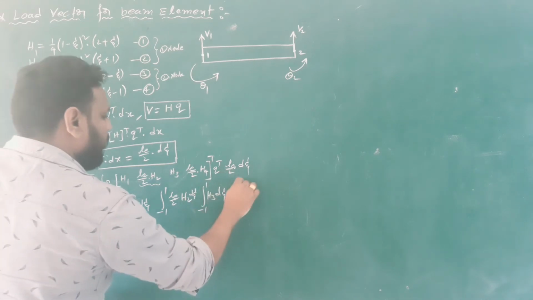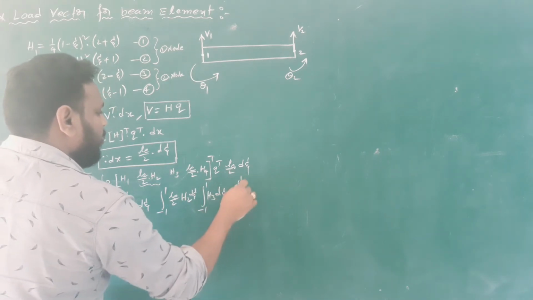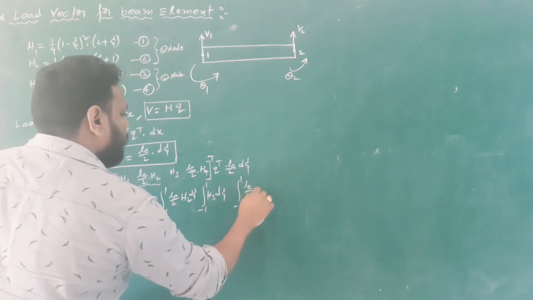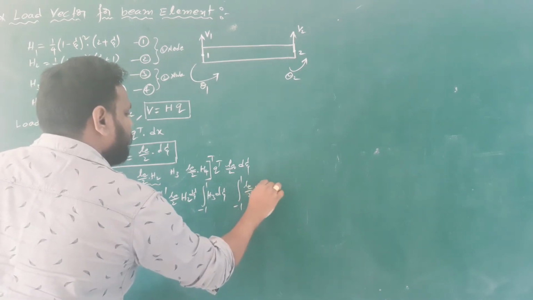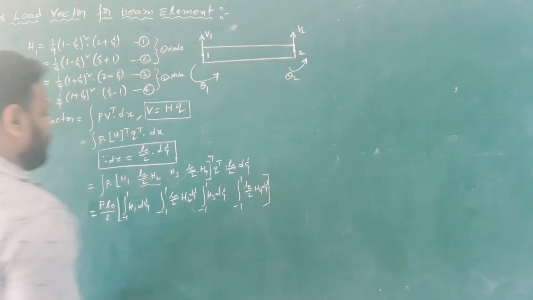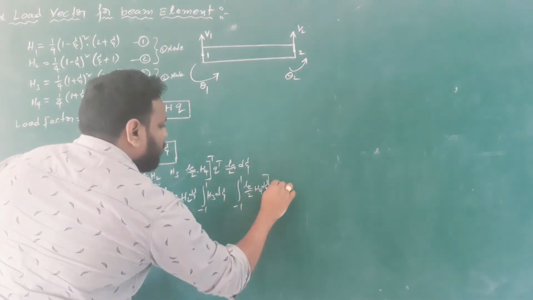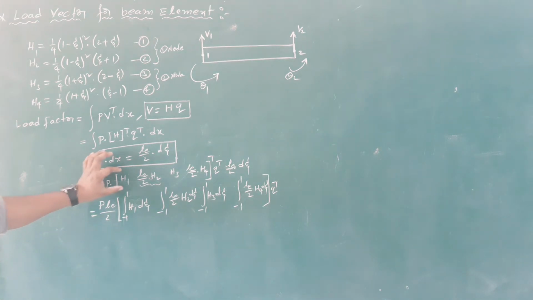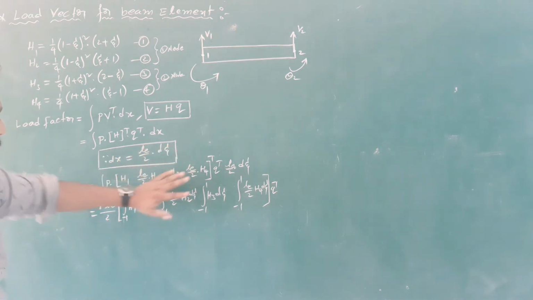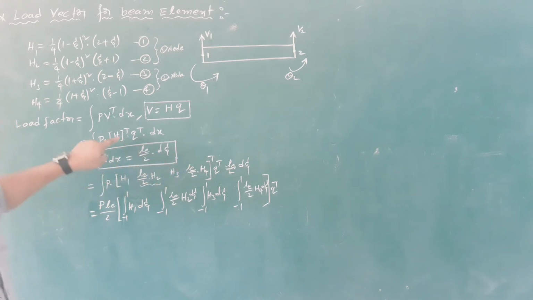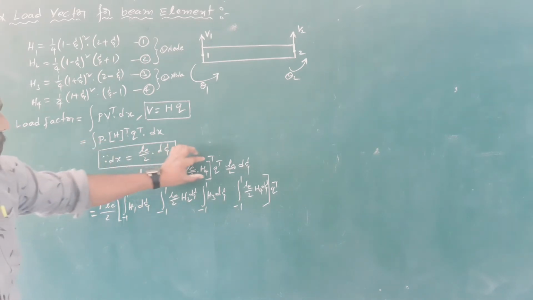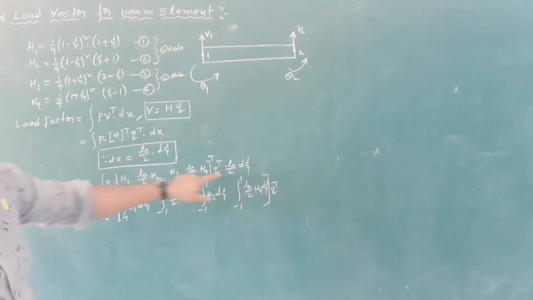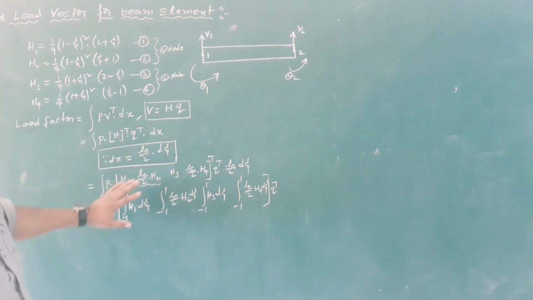Next, the fourth element, -1 to 1 LE by 2 into H4 dz. So finally we got this equation to Q transpose. I am just applying integral to each element in the H matrix. This is totally the H matrix and Q transpose, dx means LE by 2.